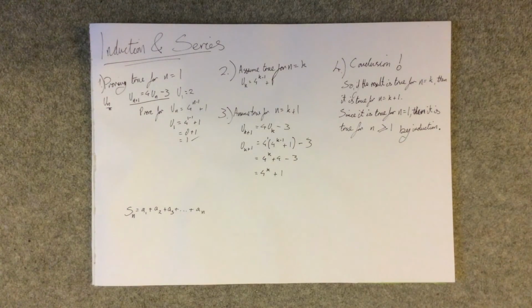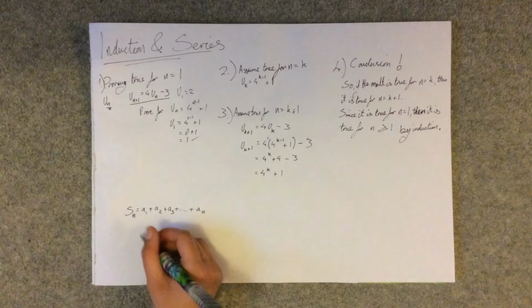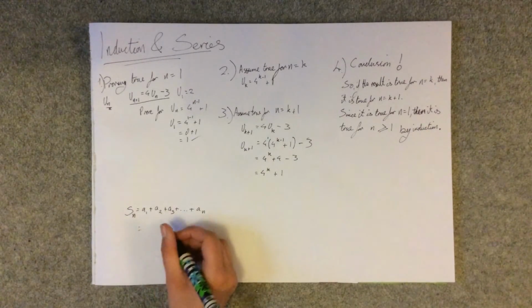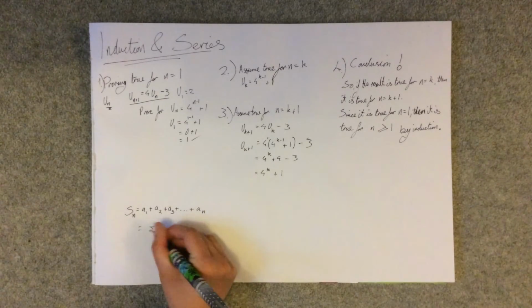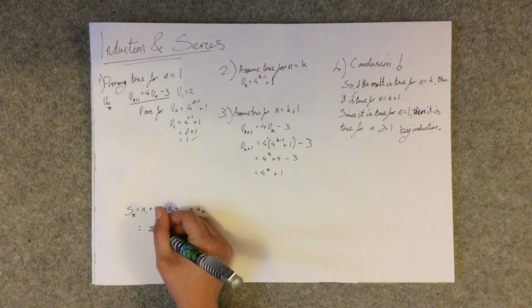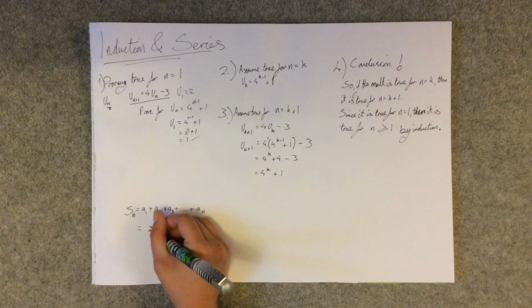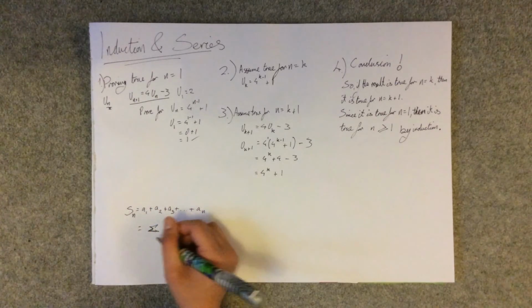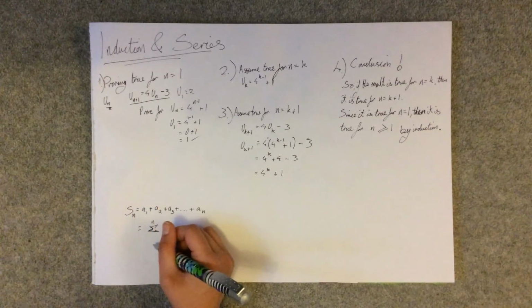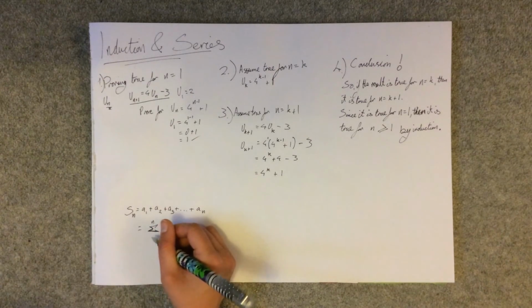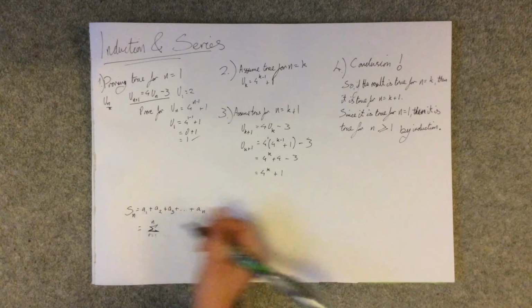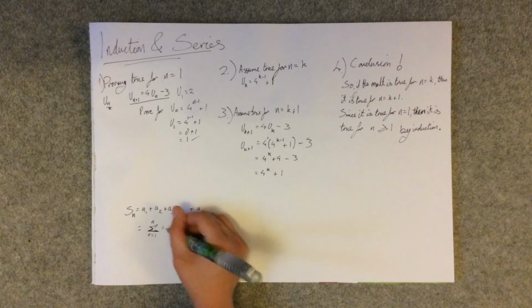Now, as this is a slightly fancy chapter in a slightly fancy module, it also has some sigma notation, which you can actually find in fairly simple stuff too. That was a terrible sigma. There we go, that's a bit better. Sum from r equals 1 to n of a_r.